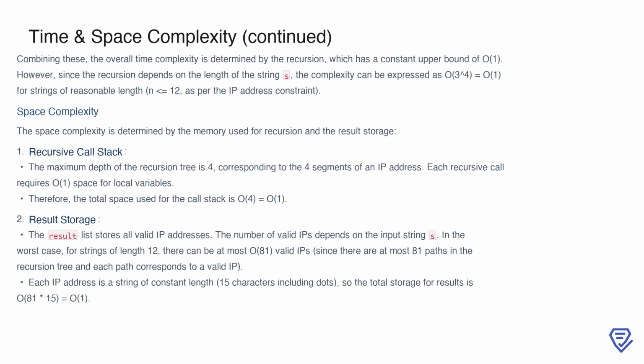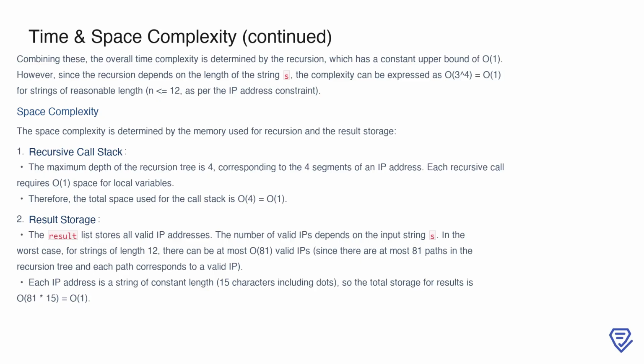When we combine these factors, the overall time complexity is determined primarily by the recursive exploration, which is capped at 81 paths due to the constraints of IP address formatting. This constant upper bound means that for strings within the valid length range of up to 12 characters, the time complexity remains O(1).